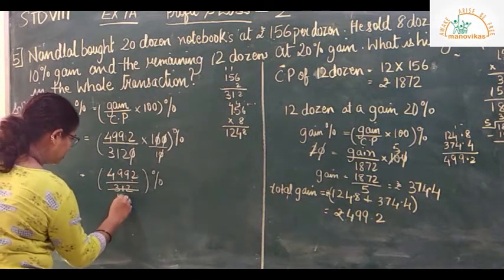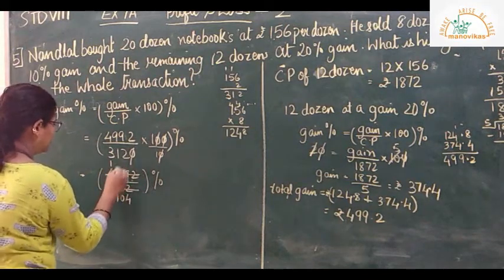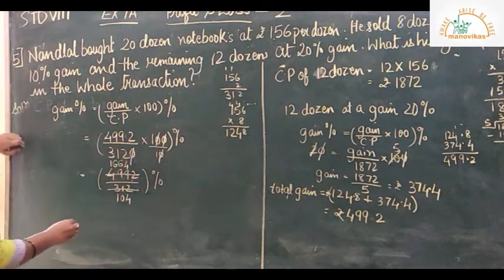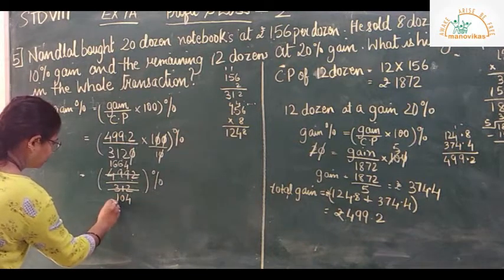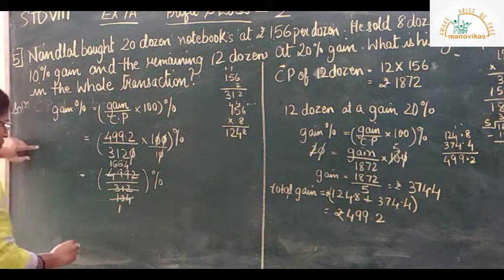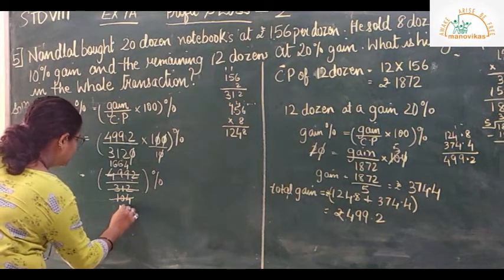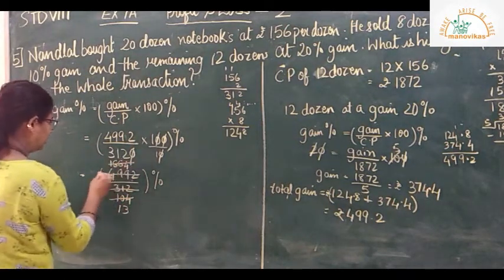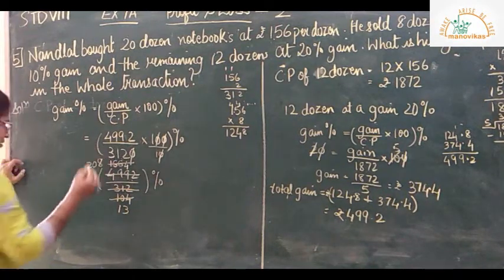3 ones are 3, 3 zeros are 0, 3 4s are 12, 3 1s are 3, 3 6s are 18. Then I can cancel this out with 4, 8. 8 1s are 8, 8 3s are 24, 8 2s are 16.